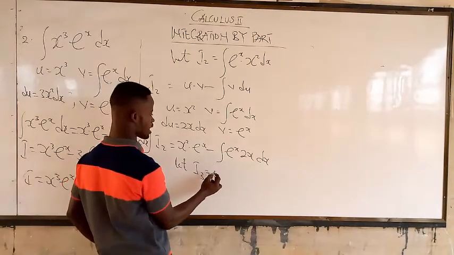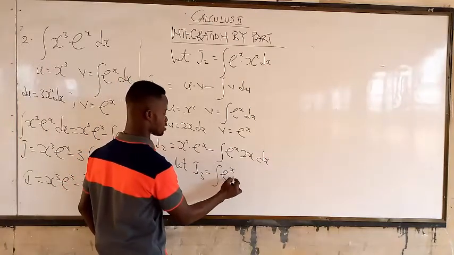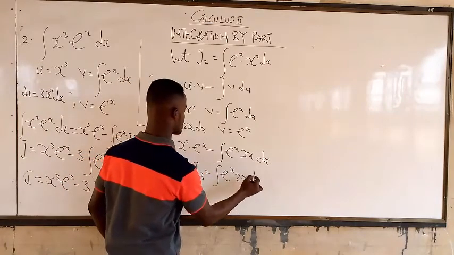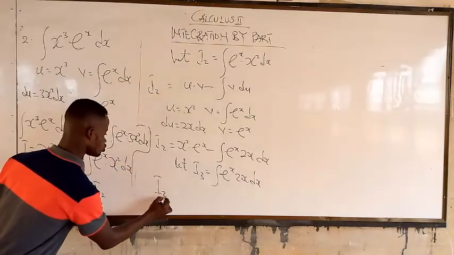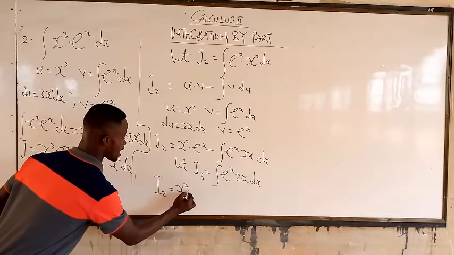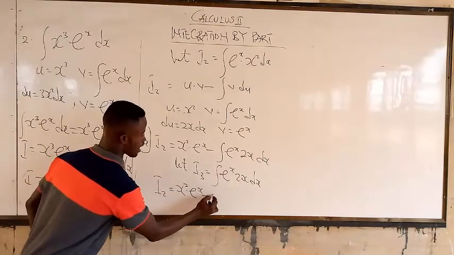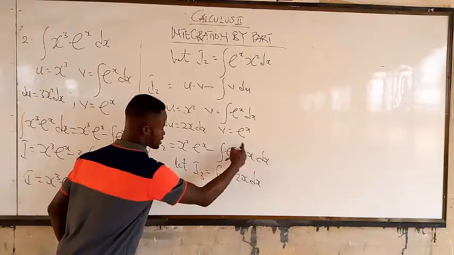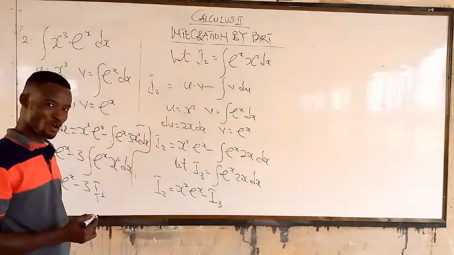So this we get the integral of e raised to power s times 2s ds. Therefore, I2 is equal to s squared e raised to power s minus the whole of this, and that is I3. I hope you are following.